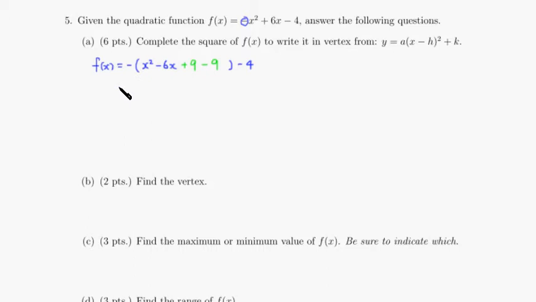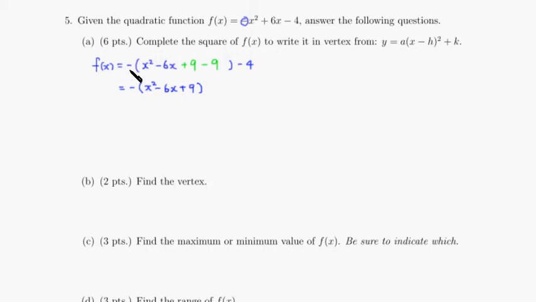Then we group together the first three terms. So you have x squared minus 6x plus 9, and those are together. Then you have a leftover negative 9 inside the parentheses, so we still need to distribute this negative sign.